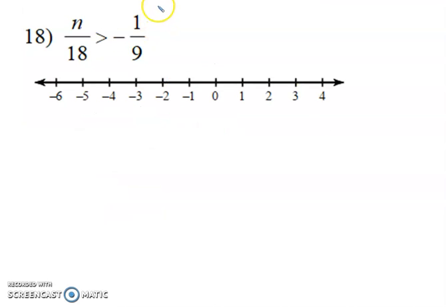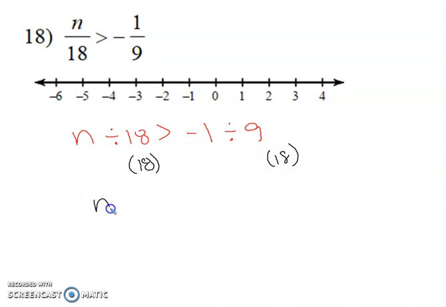Look at number 18. Okay, n divided by 18 greater than negative 1 divided by 9. How do I get rid of a divided by 18? Multiply by 18. What I do to one side, I have to do to the other. So get your calculators out. Do negative 1 divided by 9 times 18.